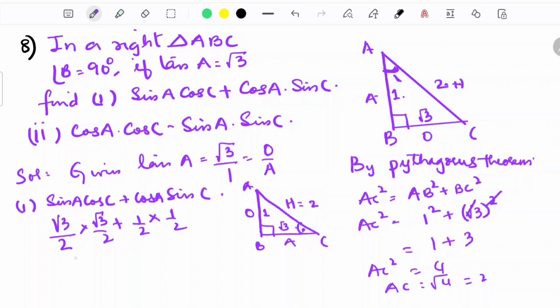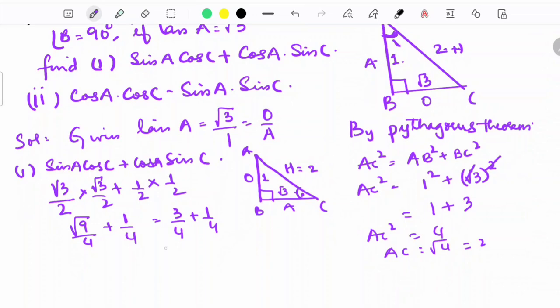So root 3 into root 3 will give me square root of 9 divided by 4 plus 1 into 1 is 1 divided by 2 into 2 is 4. So square root of 9 is 3 by 4 plus 1 by 4.